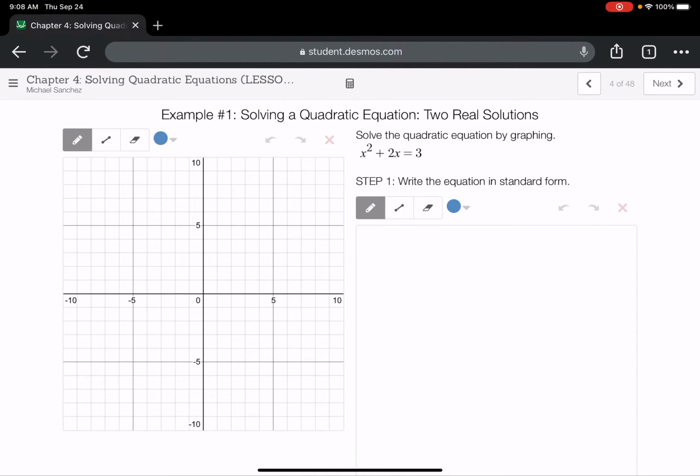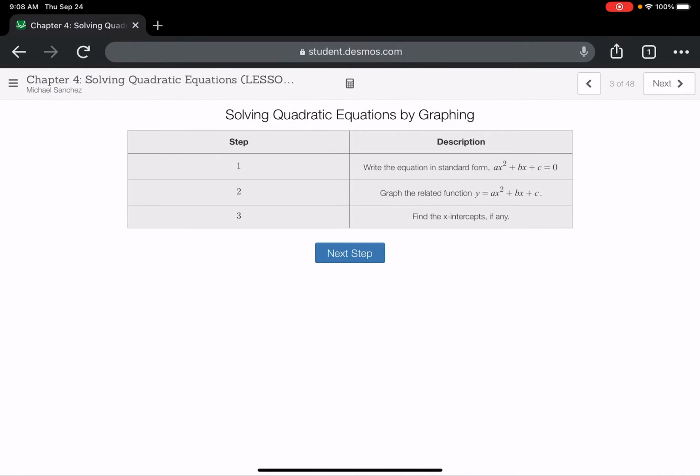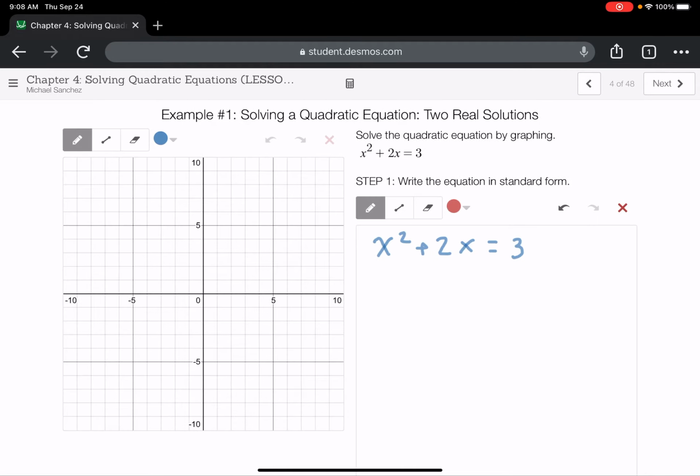All right, so here is our very first equation that we're going to be solving. We have the quadratic equation x to the power of 2 plus 2x is equal to 3. So step 1, we're going to rewrite this equation so that it is in standard form. Standard form means that we put all the terms on the left side and set the equation equal to 0.